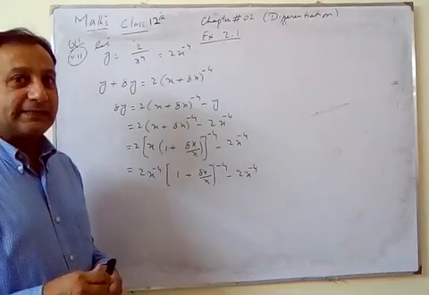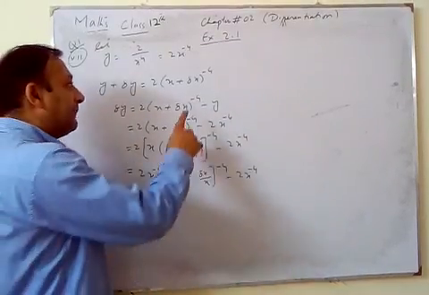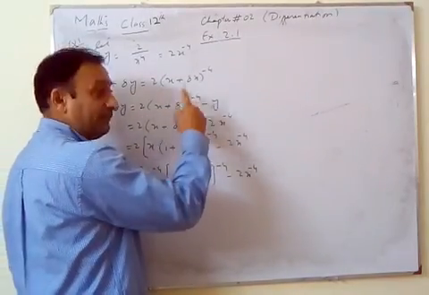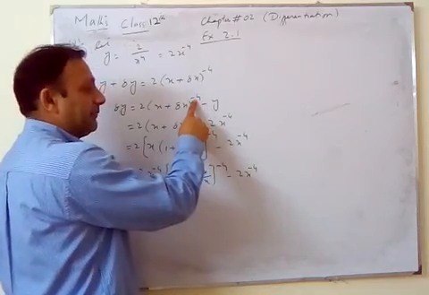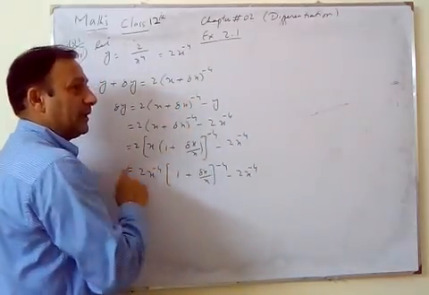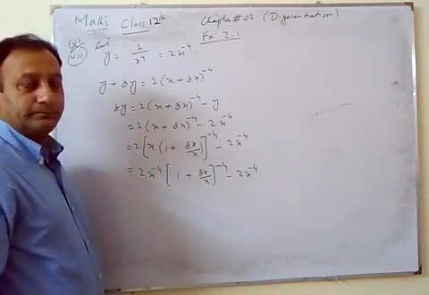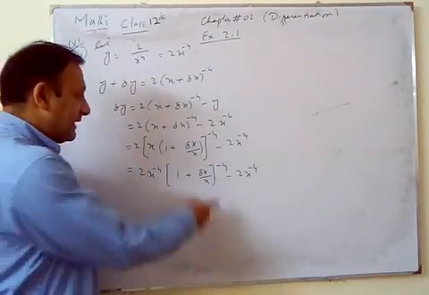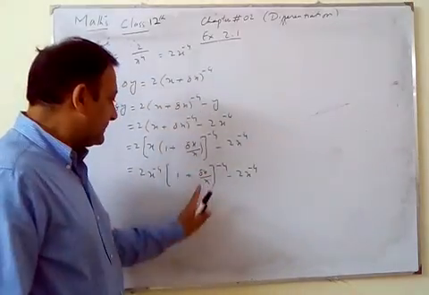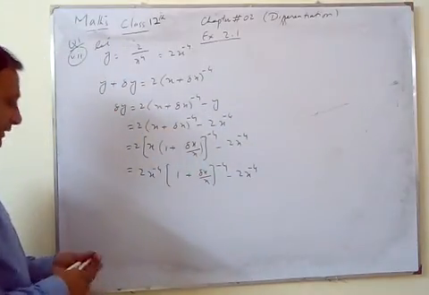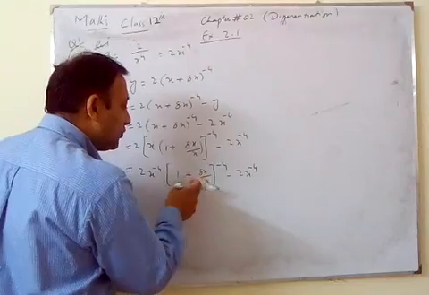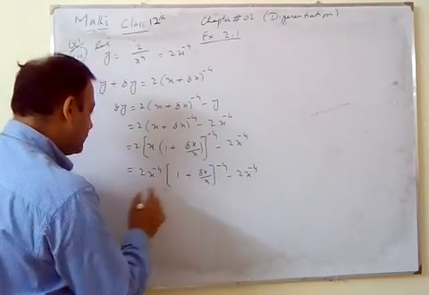For the binomial series, we must have the power negative or a fraction. Secondly, the first term must be 1 and the second term less than 1. That is another point. So now we can use the binomial series here.